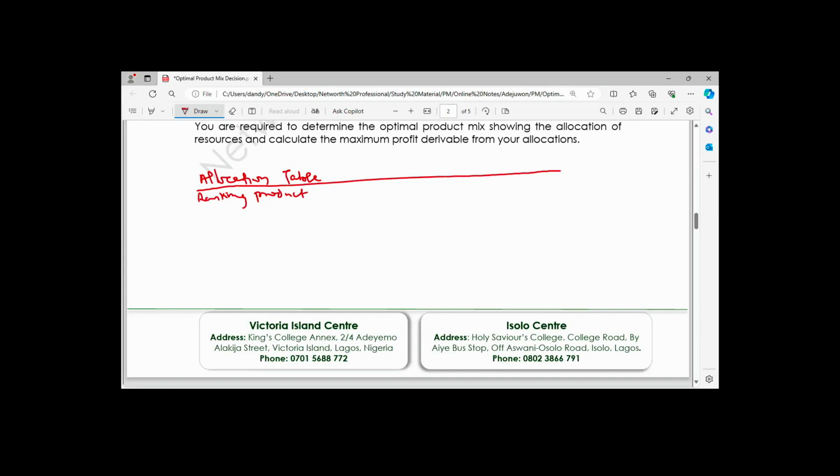Then you are going to have the units for each product. Then you are going to have key factor per unit. Then you are going to have total key factor. Then you are going to have cumulative.